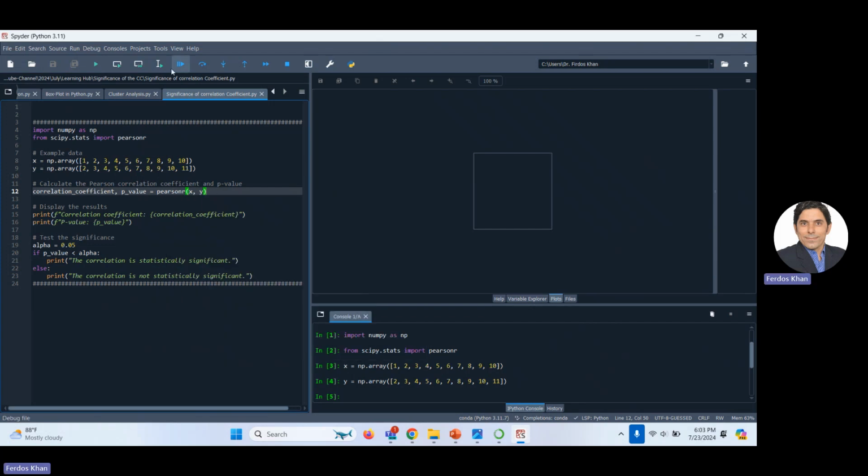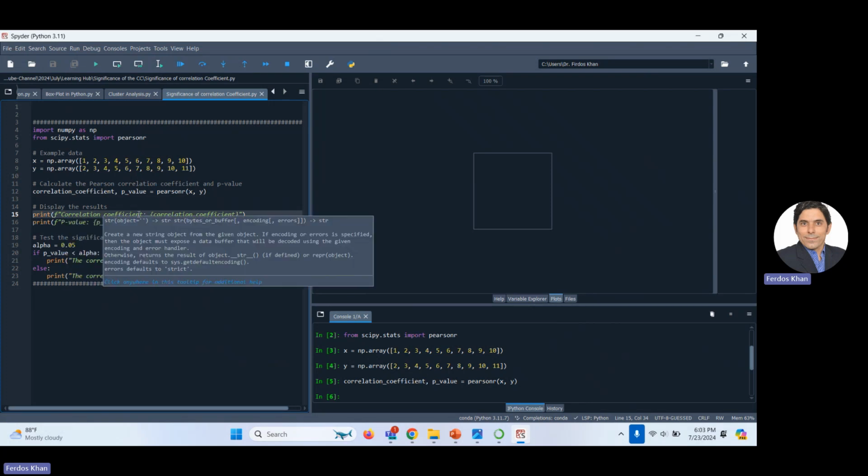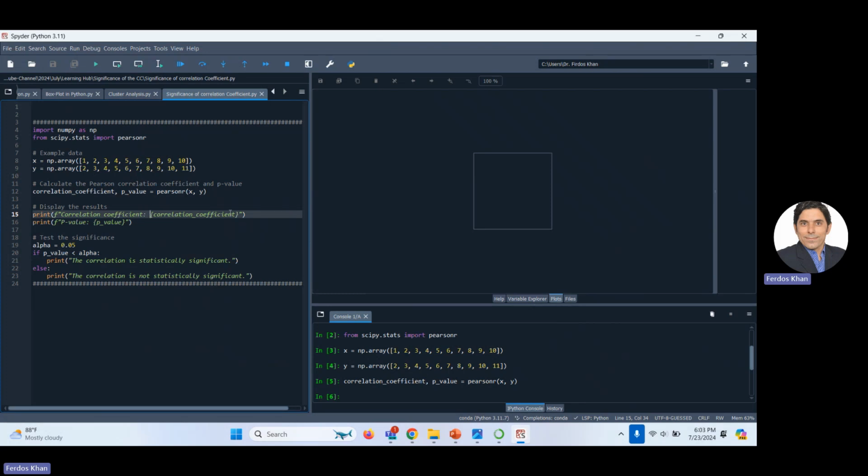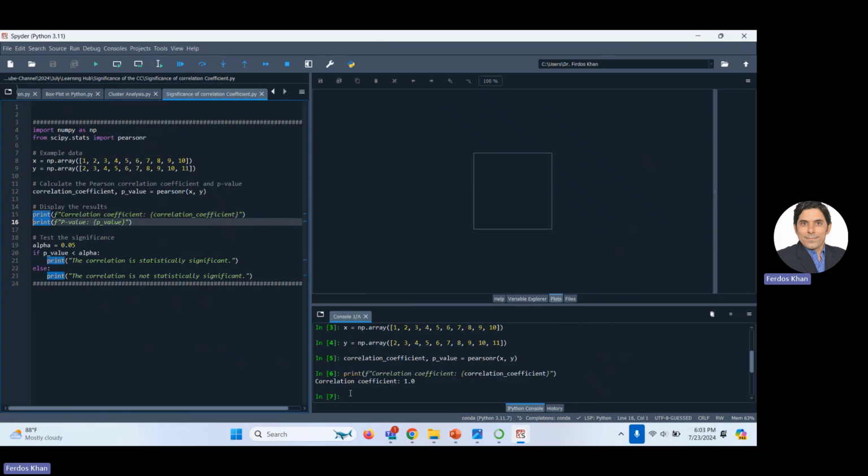So just run this. Okay, now we have run this. You can now display the results. So print, and this text will be printed as it is, and correlation coefficient holds the value stored from this test for this data. Similarly, you can display the p-value.